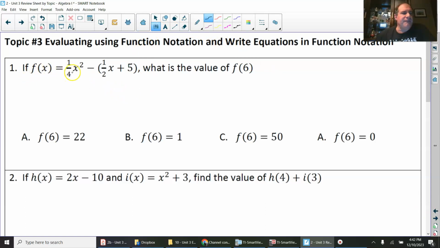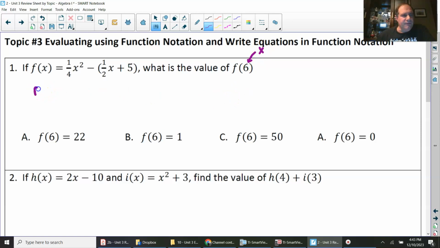So if f of x equals 1/4 x squared minus 1/2 x plus 5, what is the value of f of 6? There's a lot of different ways you can do this, but remember, this is your x. This is your input.